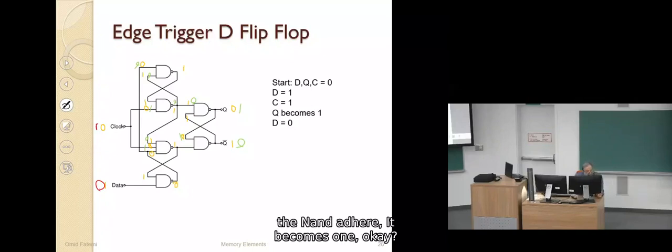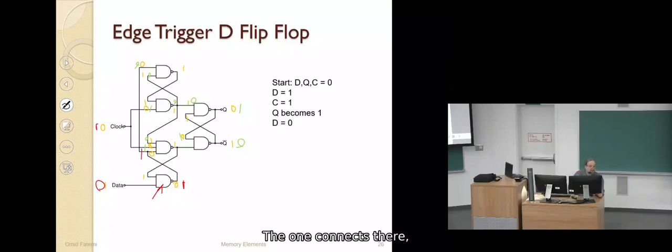When D becomes 0, the NAND here becomes 1. Okay? Did you follow? It's hard. So this NAND becomes 1 because one of the inputs is 0. And then the output of NAND is 1, so it comes up here. So this is 1 also.